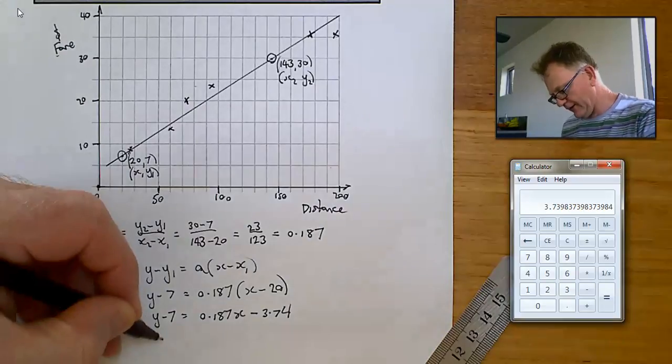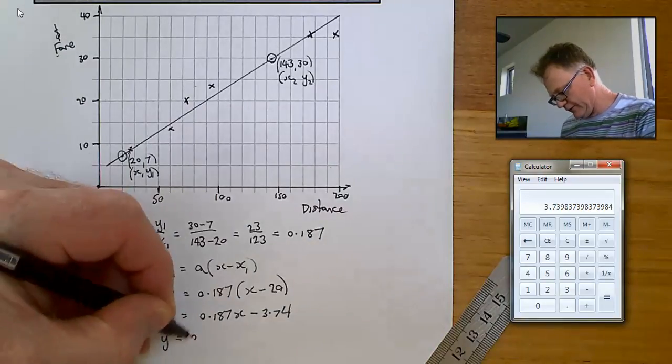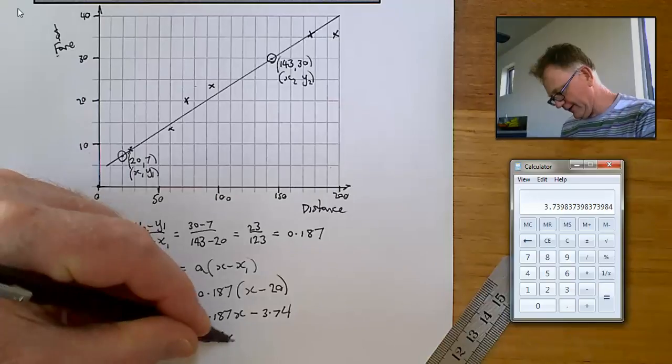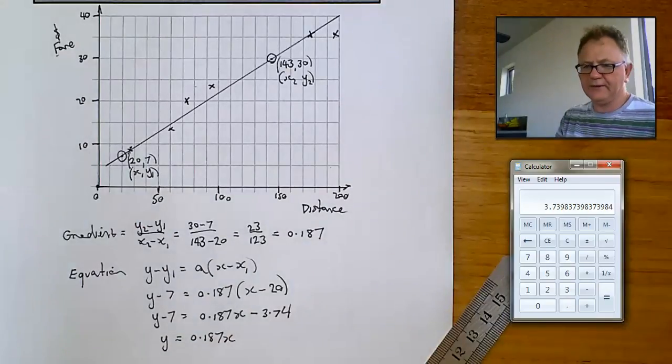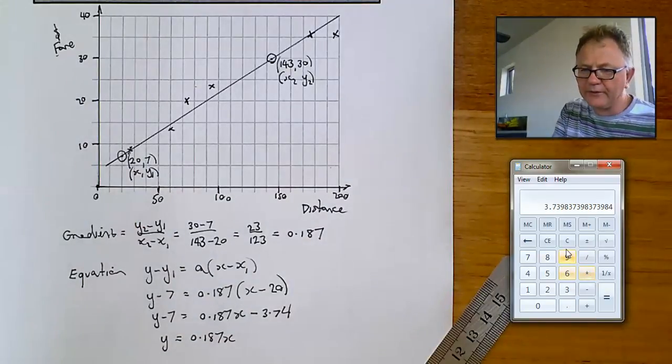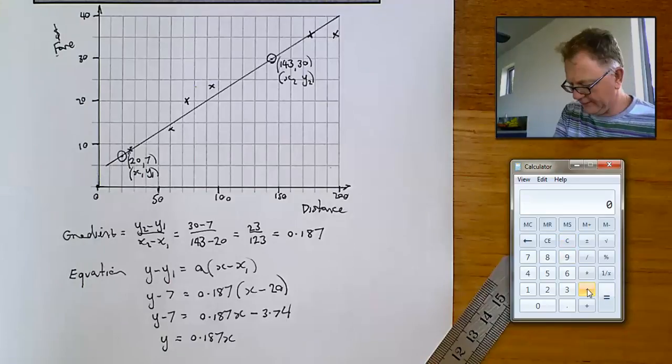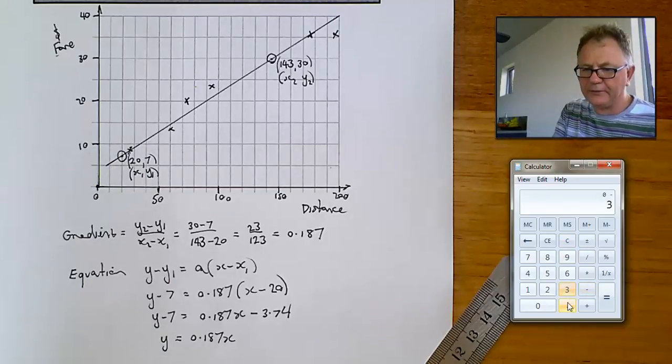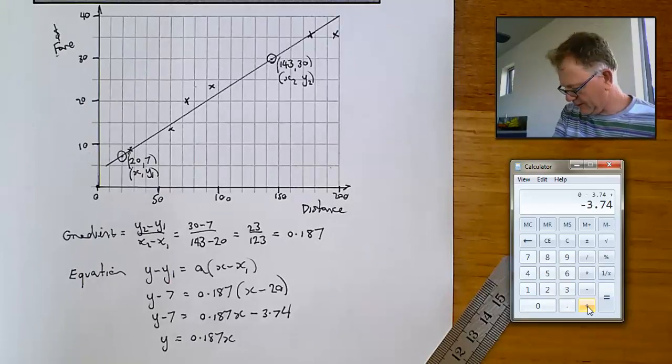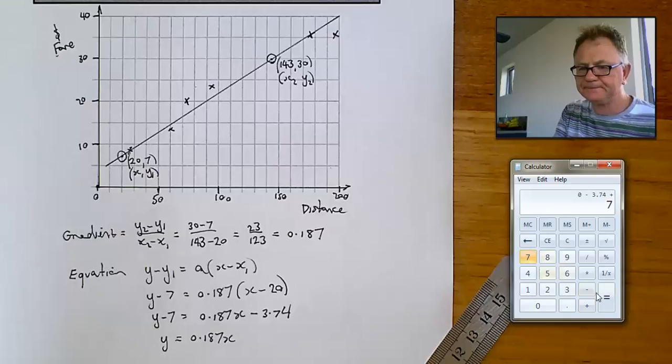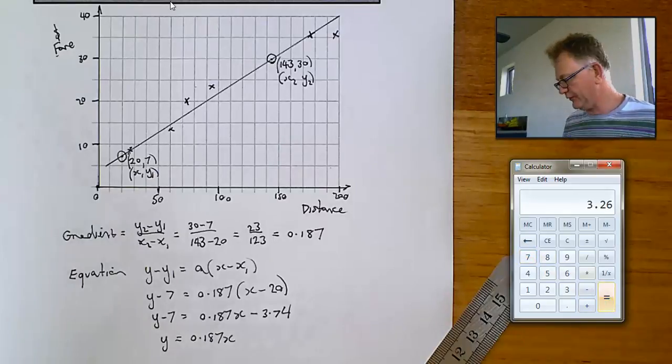So that means y equals 0.187x, and what I need is negative 3.74 plus 7, 3.26.